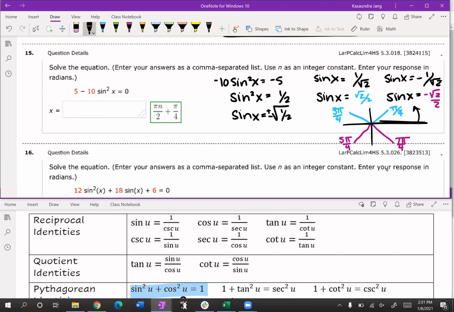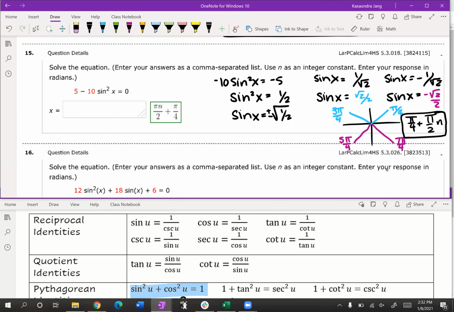The first one I hit was the pi fourths, so maybe I'll start with the pi fourths. So I've got pi fourths and then every pi halves after that. So pi halves n is going to hit every next solution. So there's my final answer. I think they again put their pi halves n first, but that's fine.